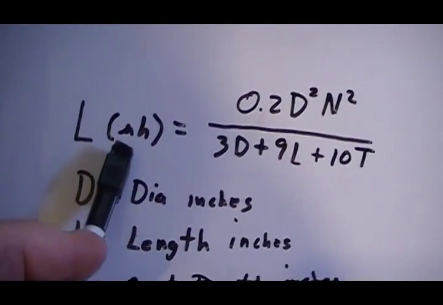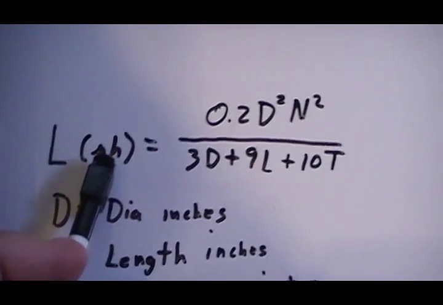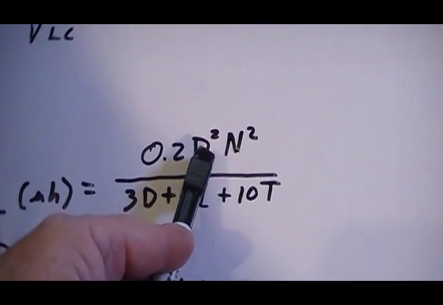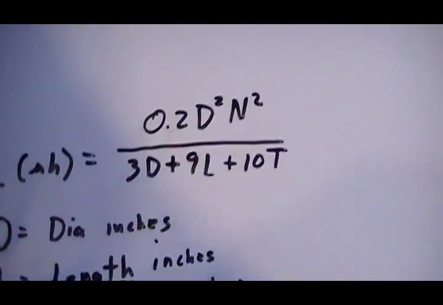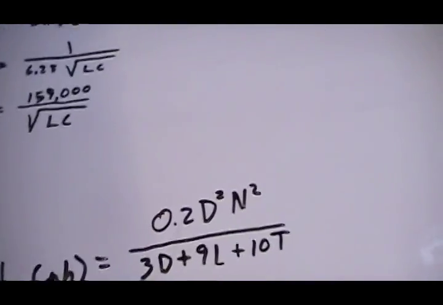You can figure out the henries and microhenries, and this one is in microhenries, which equals 0.2 times the diameter of the coil squared. Basically what that means is the diameter, it's not the diameter of the form.